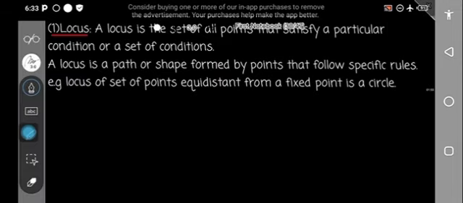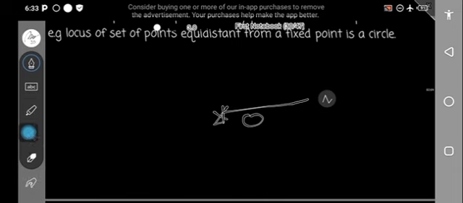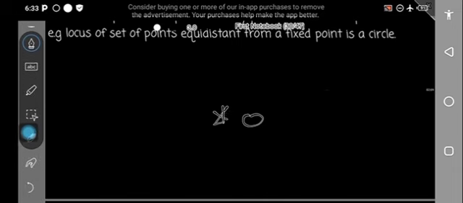So let's have a fixed point, and let's call this O. Let's make some points such that they are equidistant from this point O. For example, let's draw this, and let's call this P1. That is our first point.